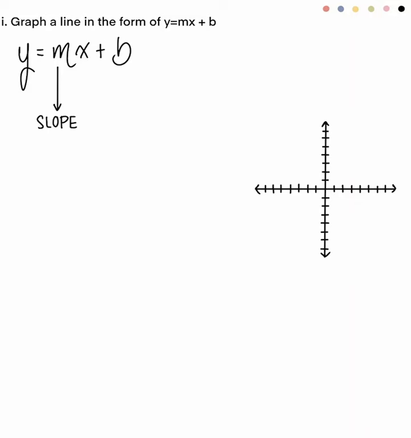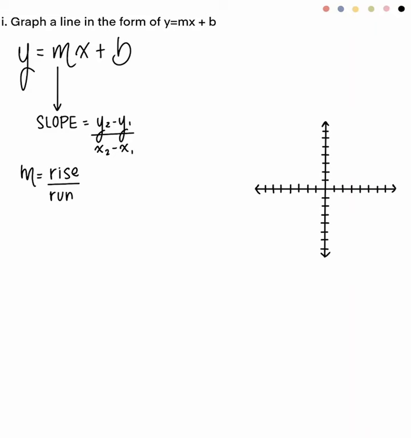You probably learned in your previous math classes, slope is y2 minus y1 over x2 minus x1. So what m is going to tell us is the steepness of our line. It's going to give us our rise over run.